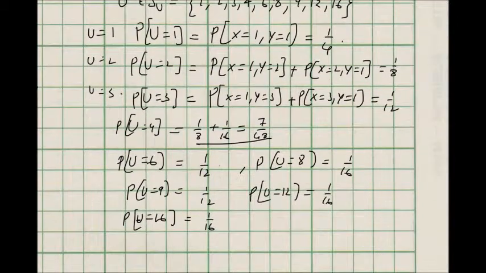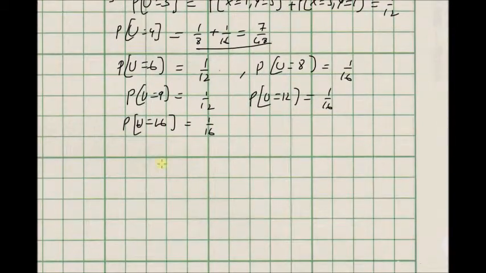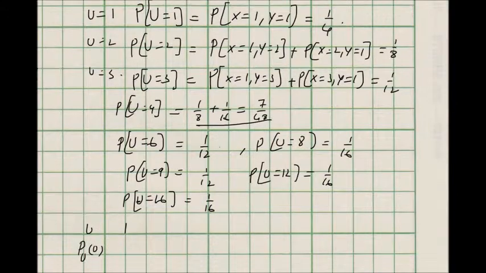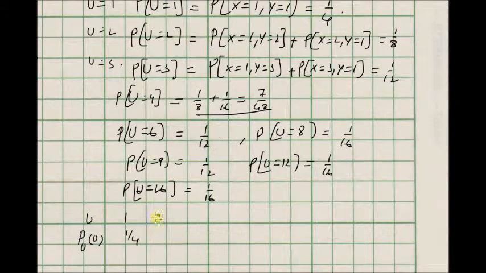From this definition, we can easily calculate the expected value of U. First we construct the table for the probability mass function of U. The probability of U equal to 1 is 1 by 4, and U equal to 2 is 1 by 8. For U equal to 3 it is 1 by 12.